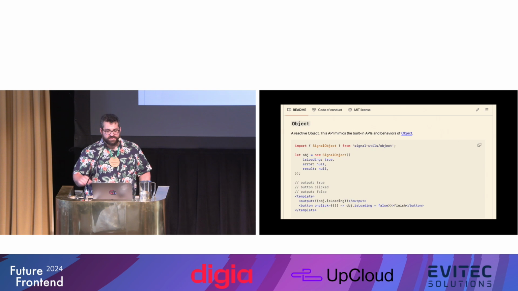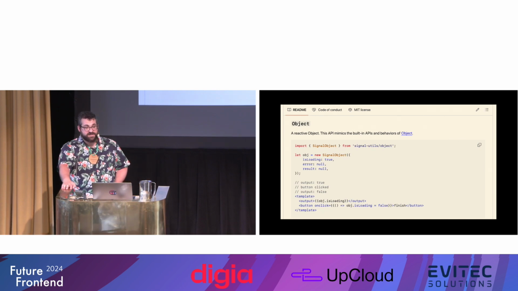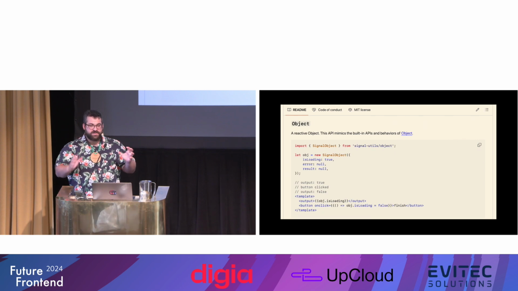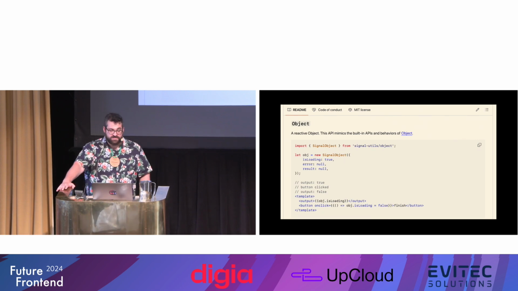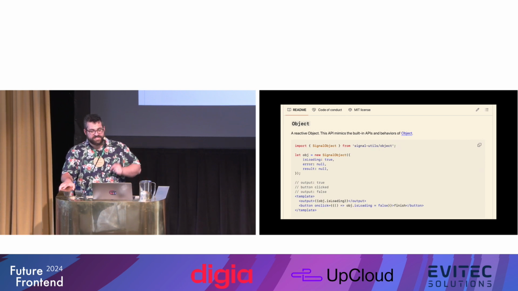Or you could use a reactive object. This is common in many frameworks today, like ref in Vue. You can make an object which becomes a proxy, such that when you read or write properties, those are tracked as signals.